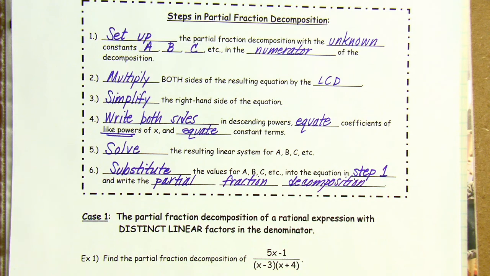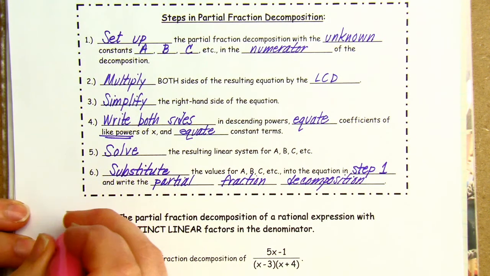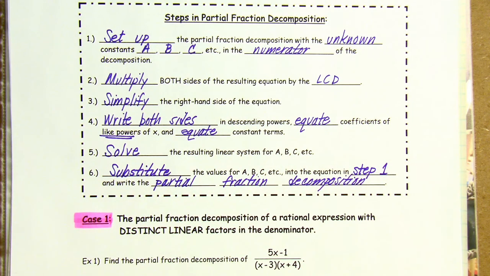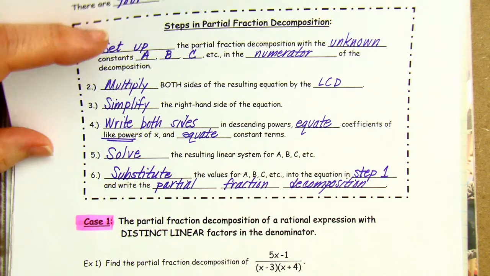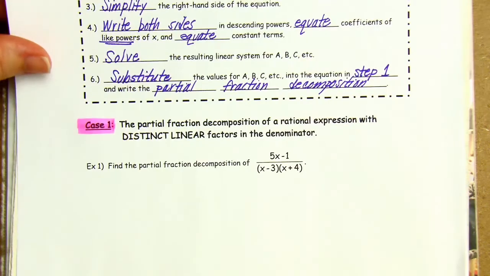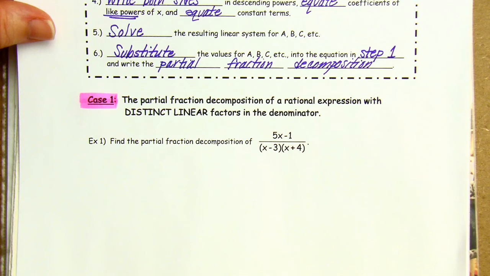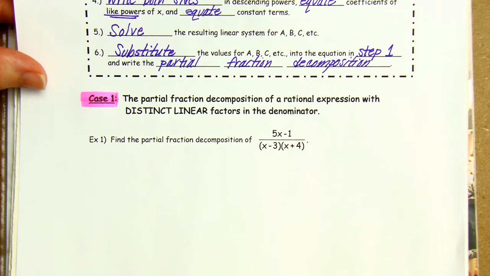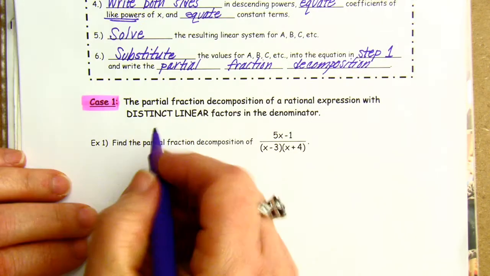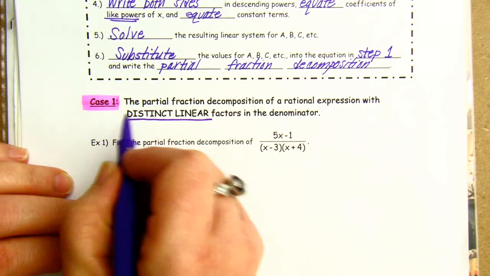All right, you have to be able to recognize the 4 cases. Case 1. The partial fraction decomposition of a rational expression with distinct linear factors.